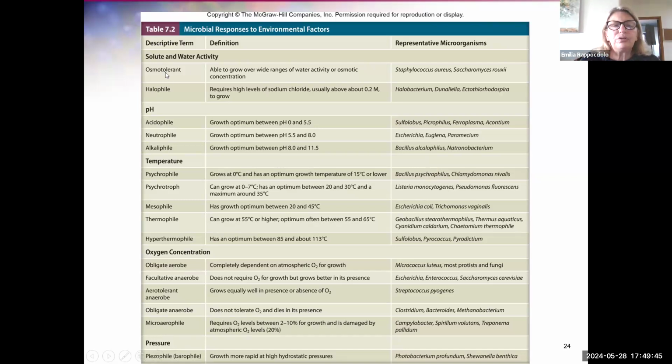Now with the solute and water activity, we find some cells which are osmotolerant, so they can accept changes in osmosis towards the hypertonic, which are not their ideal conditions, they're tolerating.